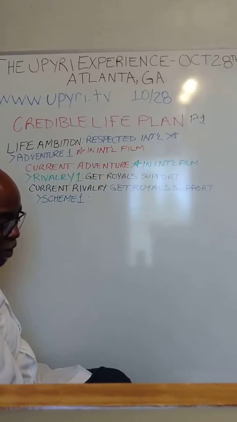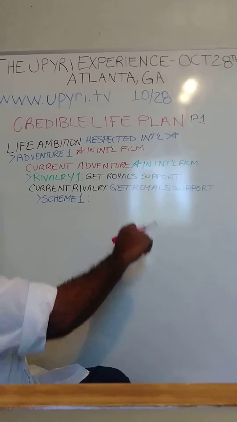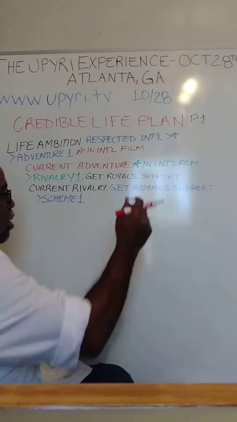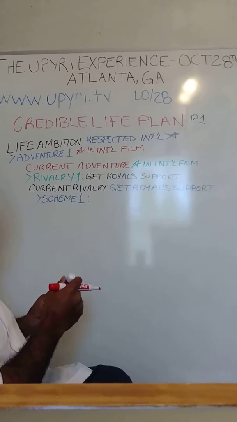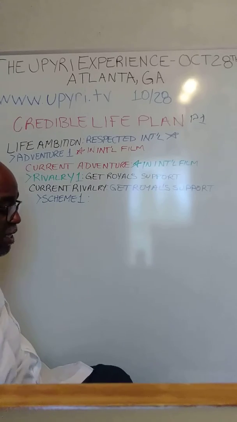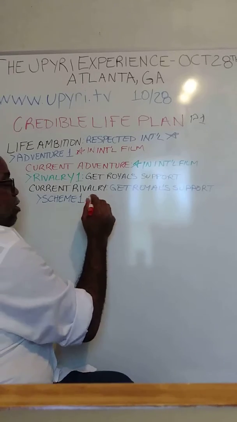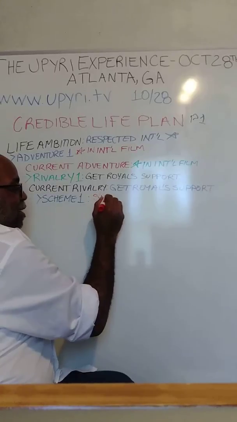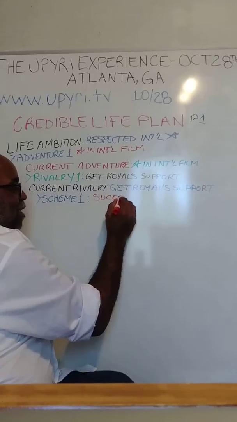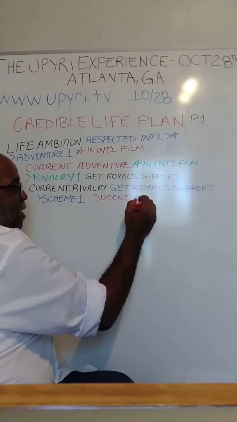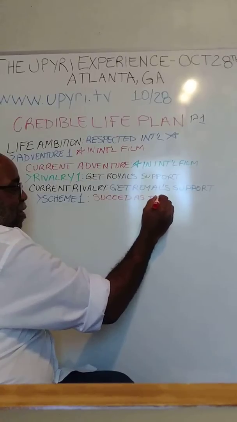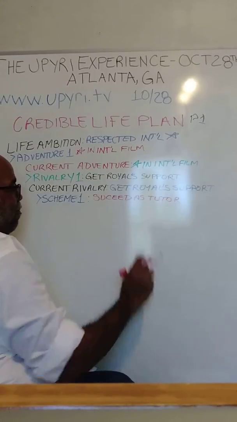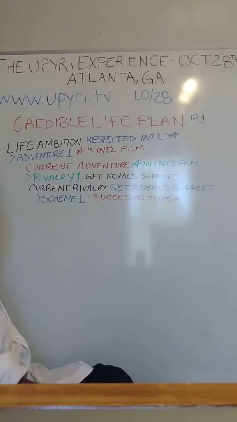So what are we doing for our scheme? Well, in order to get the royals' support, he needs to succeed as a tutor. So actually prove that he can do the job that he's been hired for. That's the scheme.